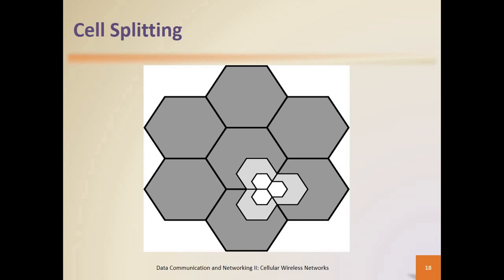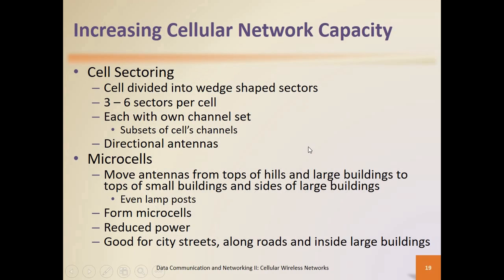And another approach is having microcells, where we move antennas. So we have cell sectoring, and then we have microcells, an approach where we move antennas from tops of hills and large buildings to tops of smaller buildings, which is what's going on these days in most localities, especially with the newer cellular network technologies that use much smaller base stations to address transmission needs, like 4G and 5G that's coming up.